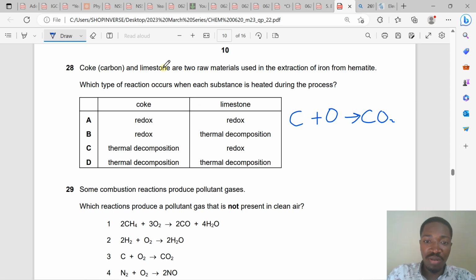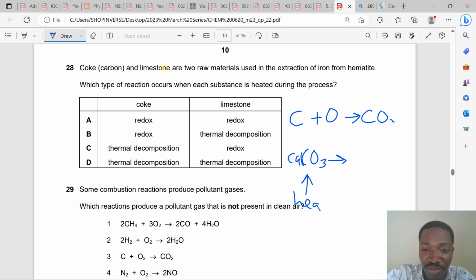Limestone, limestone is CaCO3, and the extraction of metals is taking place in the blast furnace under high temperatures. And all these carbonates, when they are heated, what happens? They decompose. There will be thermal decomposition. When you heat a carbonate, there will be thermal decomposition.